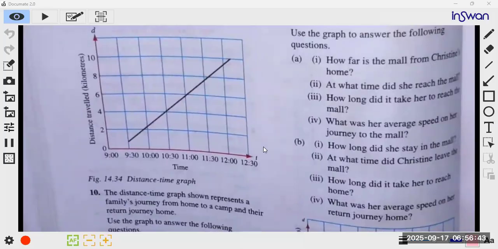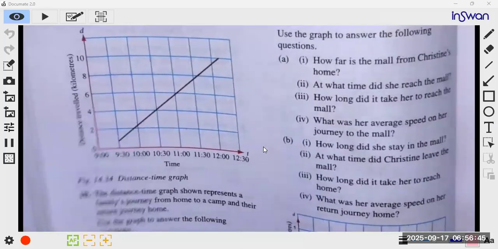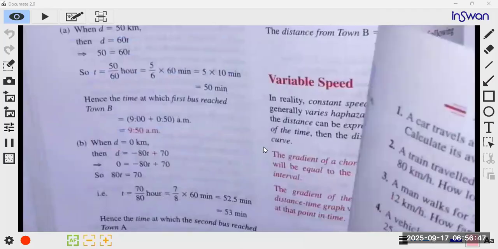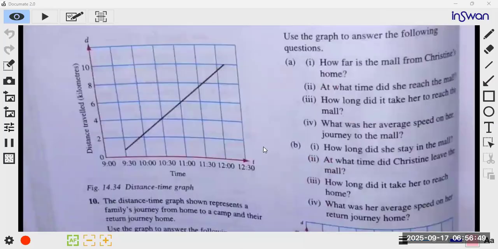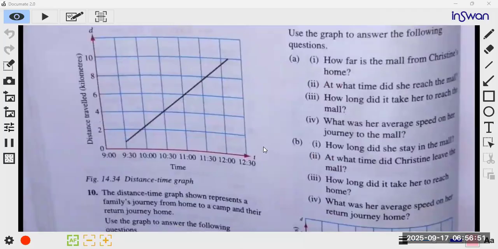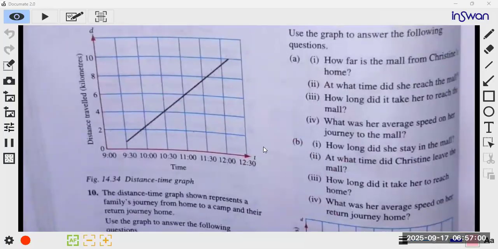All right. Part C says, at what time did she stop walking? So what time she stopped walking? 12:15.